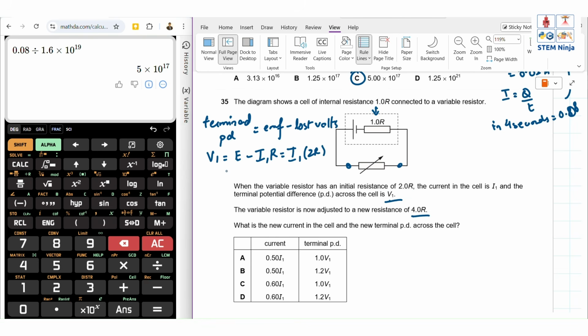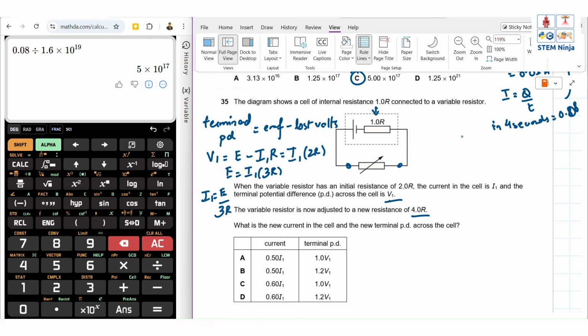So if we rearrange this, E would be equal to I1 times R plus 2R, which would be 3R. So I1 would be equal to E over 3R.